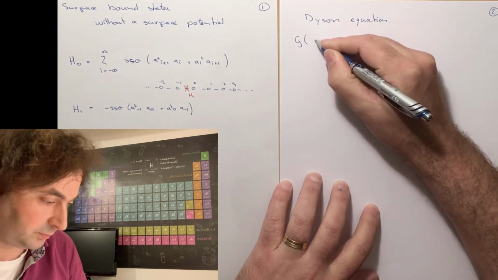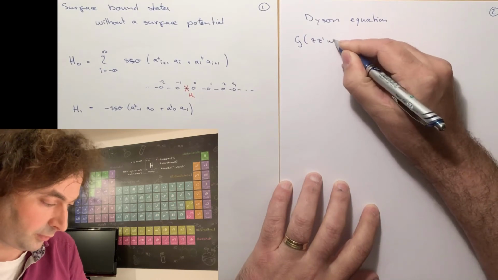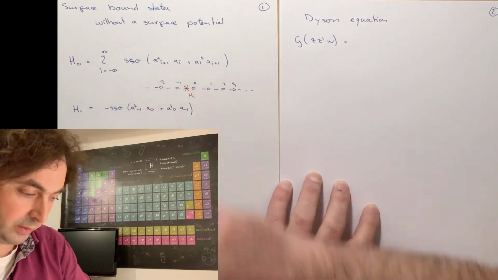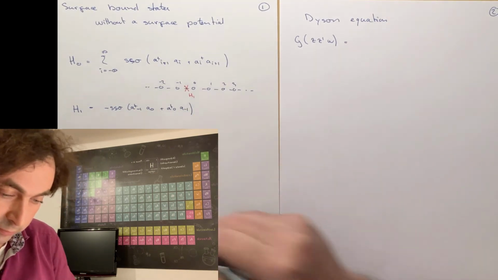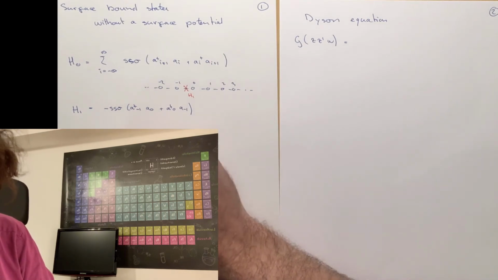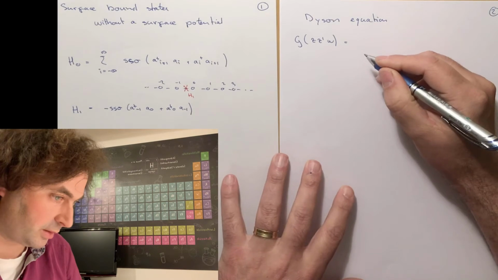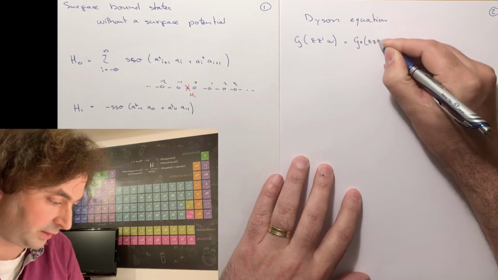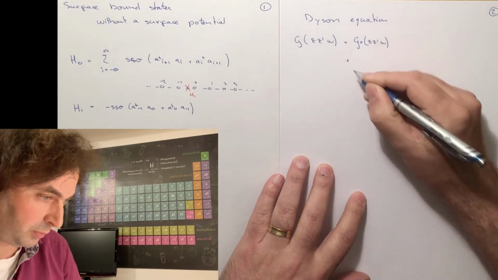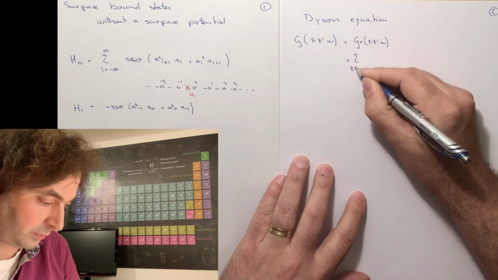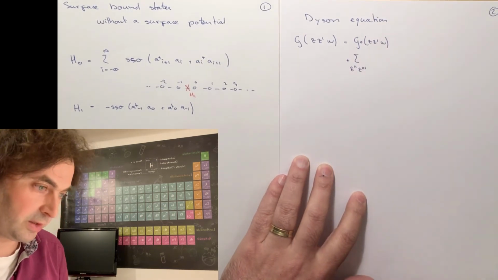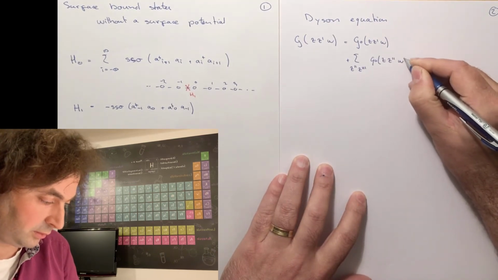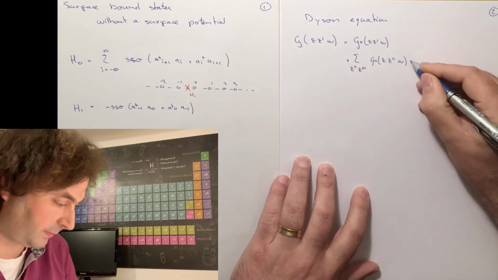So we have our Green's function in real space for h0 plus h1. And this is given by the Green's function of the infinite lattice plus the sum over two auxiliary sites, g0, moving from z double prime to z.